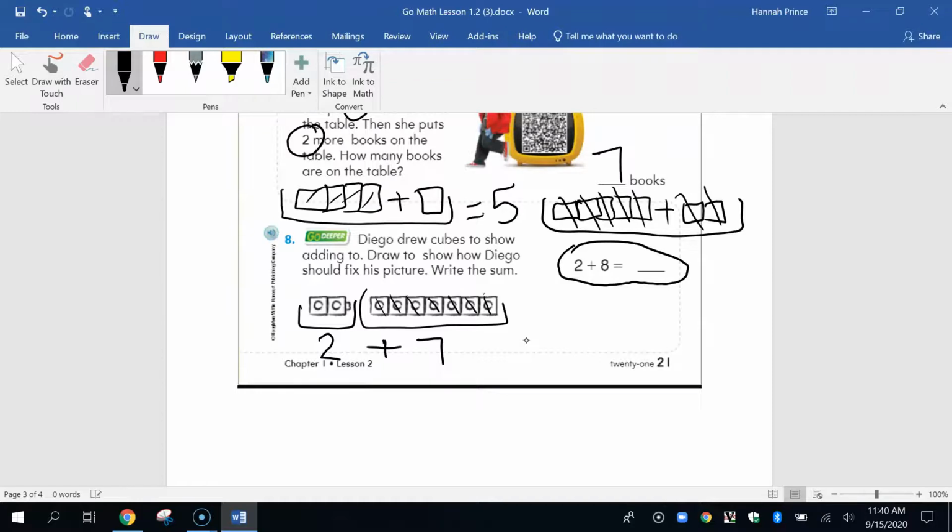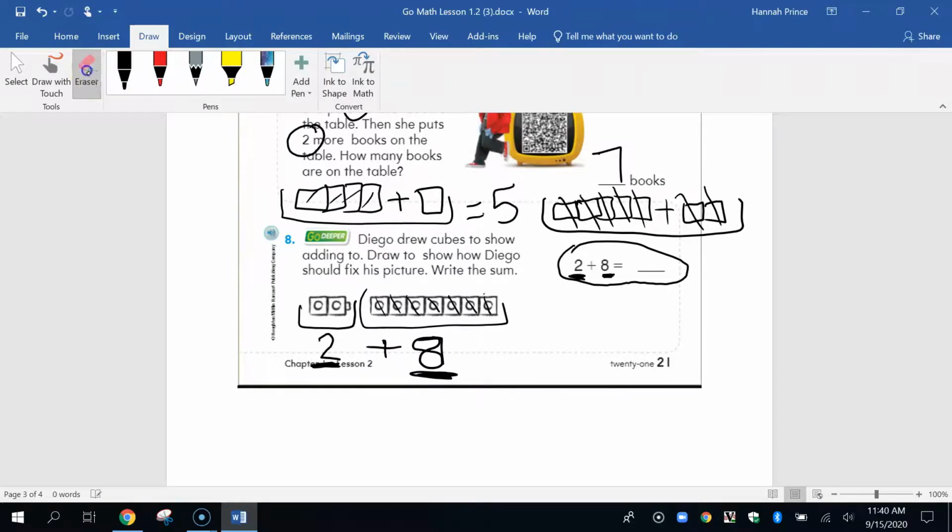So, we need to add a cube to one of the sides. Where should we add the cube? Let's look at this first number. It's a 2, and here's a 2. These 2 match. Our second number, 7, 8. Do these match? They don't.